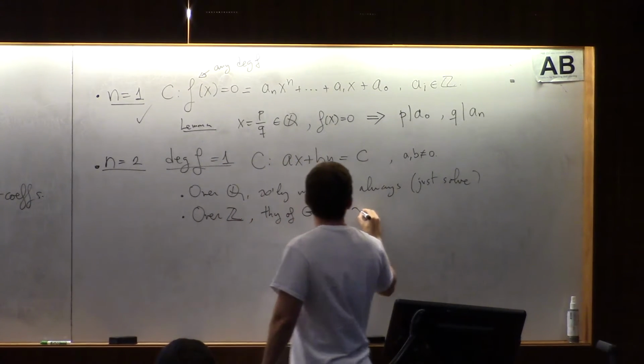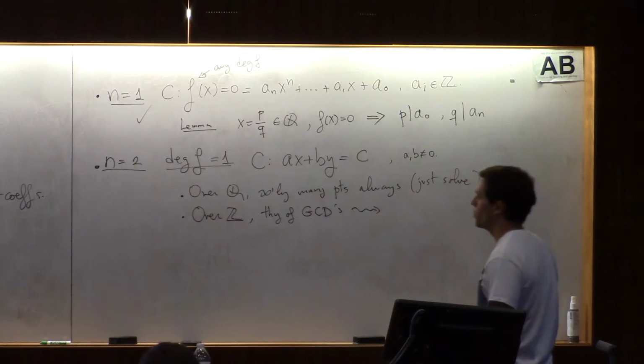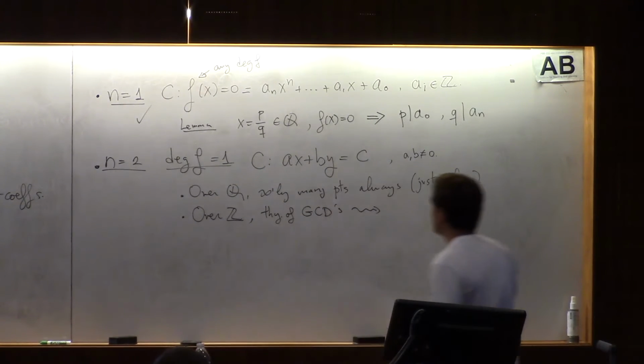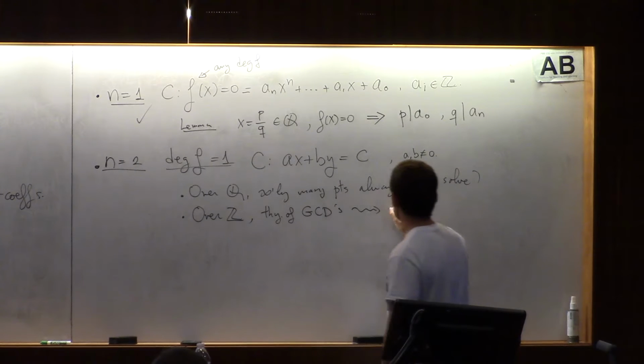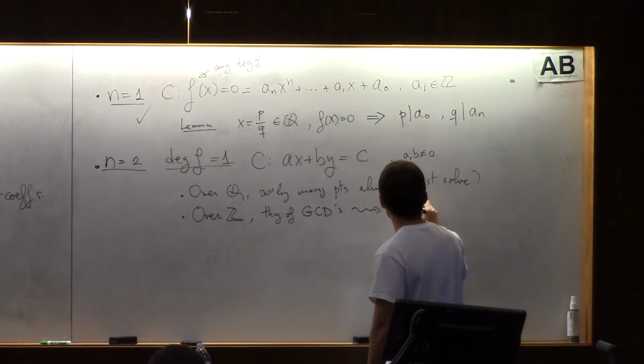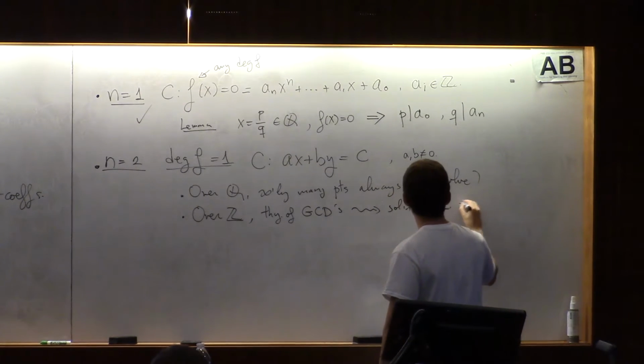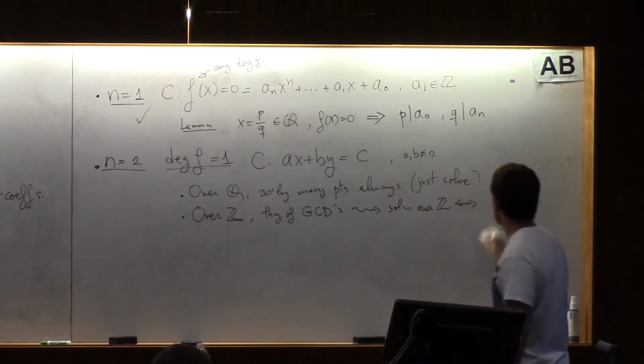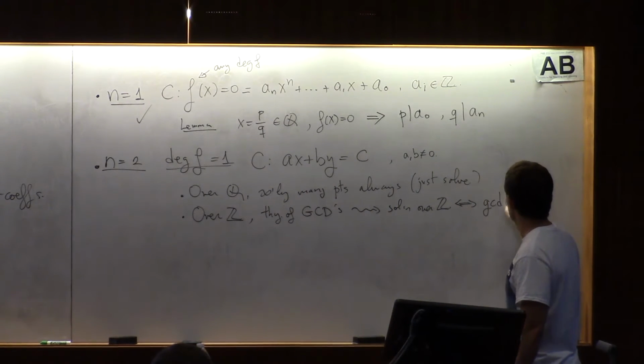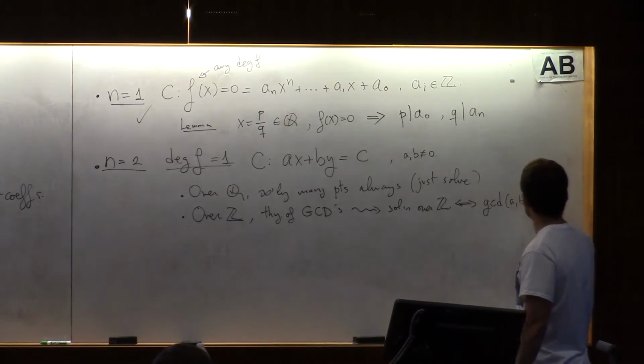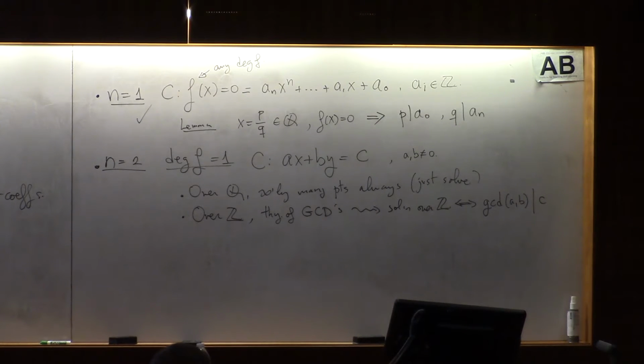All of it put together tells you that there is a solution over Z if and only if the GCD of a and b divides c. So there is a solution to the problem of finding integral points on a line.